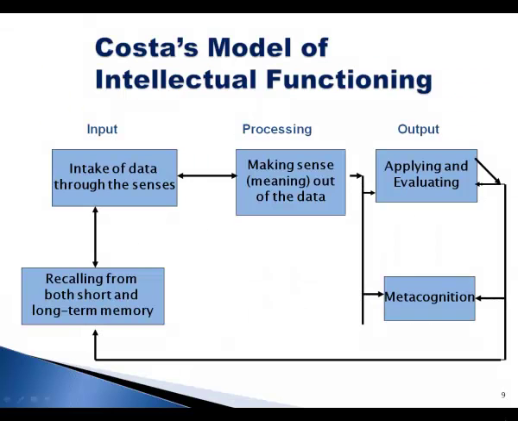For multiple and severe disabilities, we must take a closer look at the input stage of intellectual functioning. The intake of data through the senses may be significantly altered and different. This then creates a cascading effect on the rest of intellectual functioning.